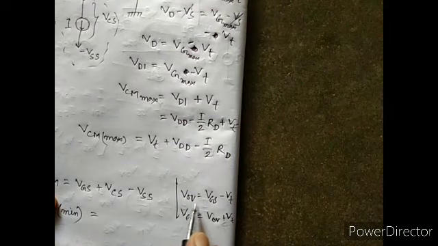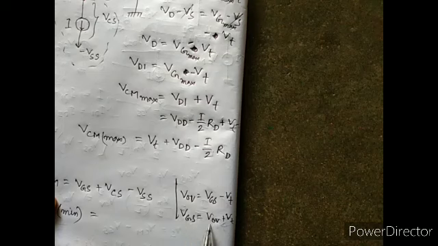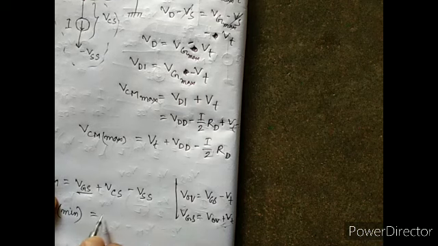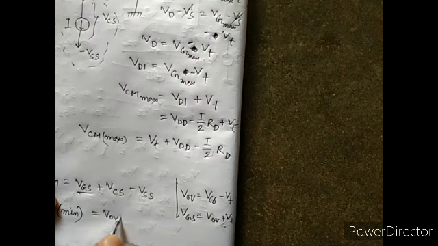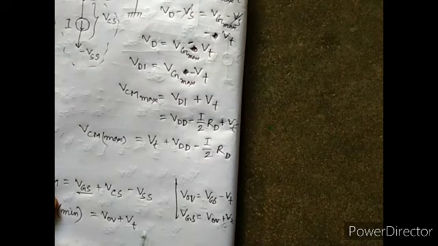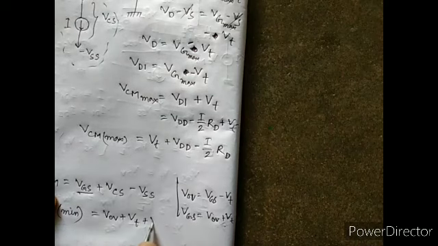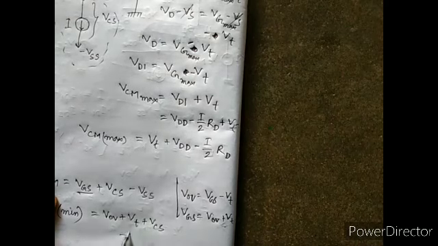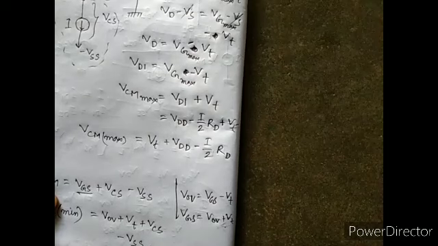If we put that in place of VGS, VCM minimum equals V overdrive plus VT plus VCS minus VSS.